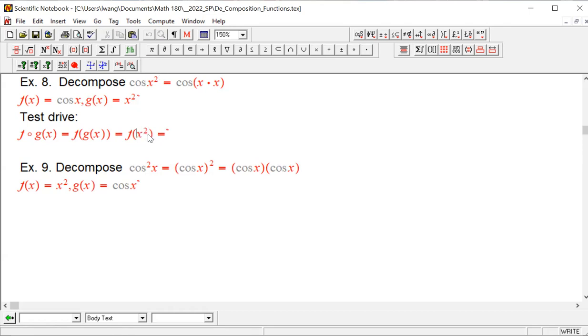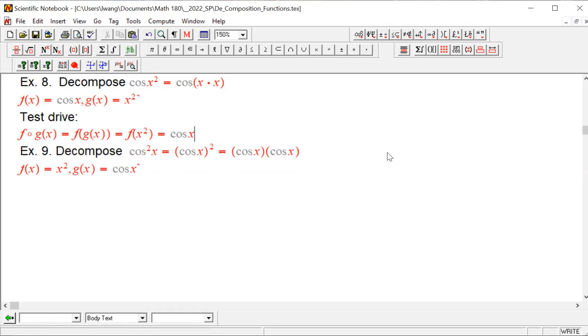So this is the input for f. What does f do? f just takes whatever input and applies the cosine rule to it. So now the input is x squared. Therefore, we're going to apply the rule of cosine.